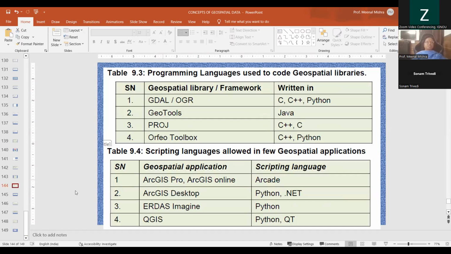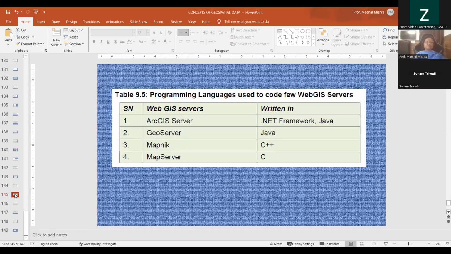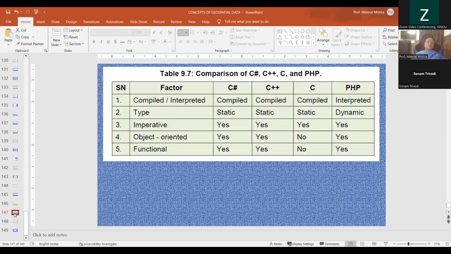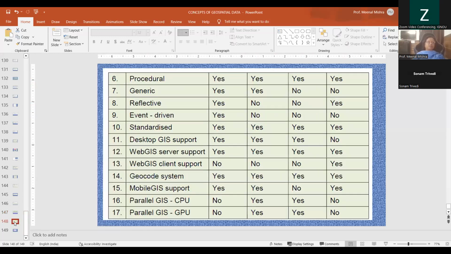And all this has been listed in your material. And in this particular unit, there are tables which give you a comparison of the different programming languages, their advantages and disadvantages, how useful they are, and in what way they are helpful. So all this is mentioned here.